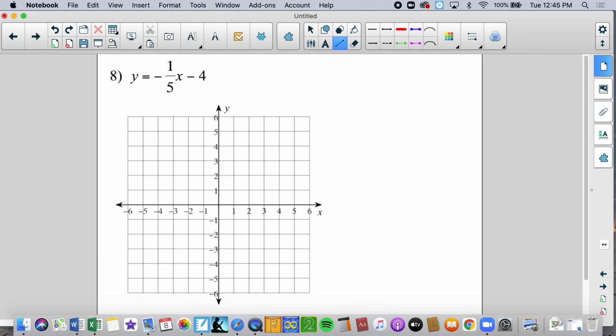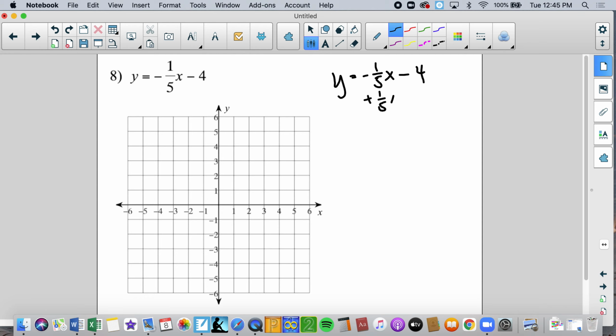So we again have to convert. So we have y equals negative 1/5 x minus 4. We're going to add 1/5 x, add 1/5 x. That gives you 1/5 x plus y equals negative 4.